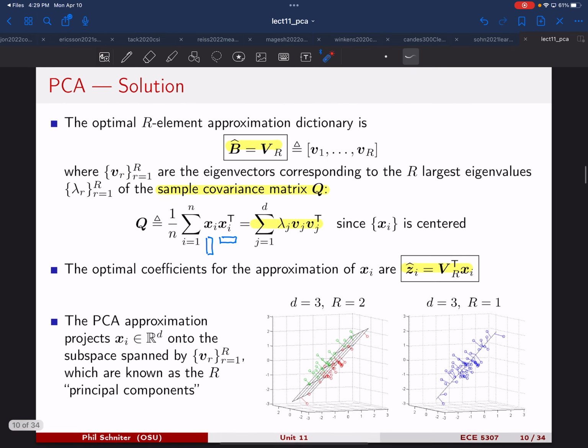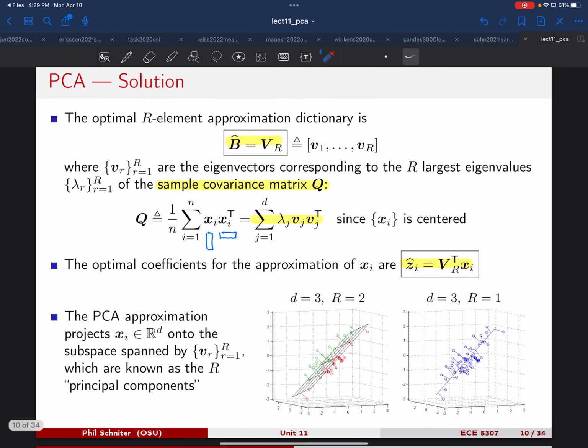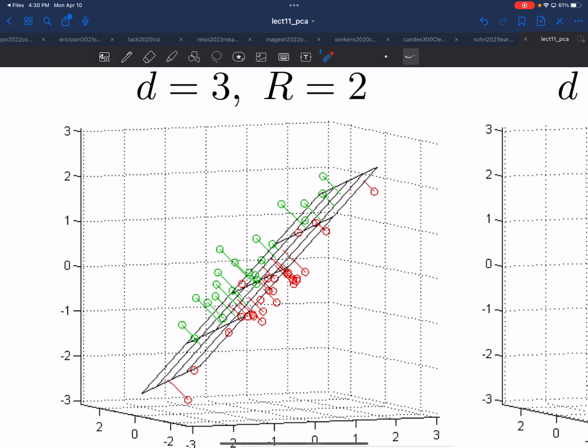So let's look at a couple pictures. The picture on the left is if my data has 3 dimensions originally, and I want to squeeze it down to 2 dimensions. The data is given by these dots, illustrated in 3-space. Of course, we can only plot a 2-dimensional projection of this 3-space, but you can imagine those points are in 3-space.